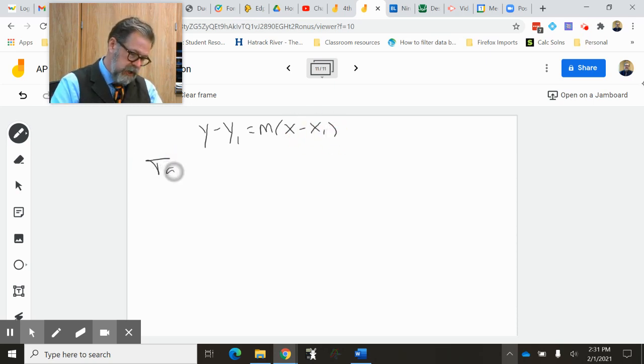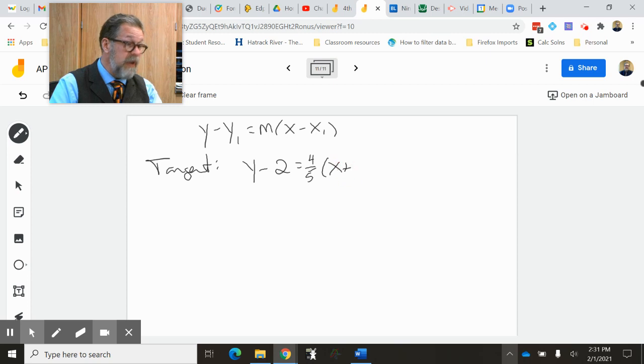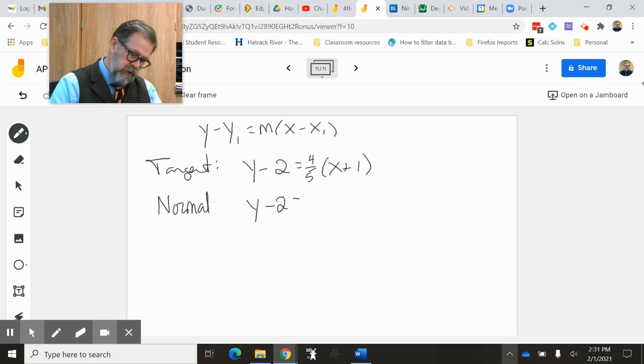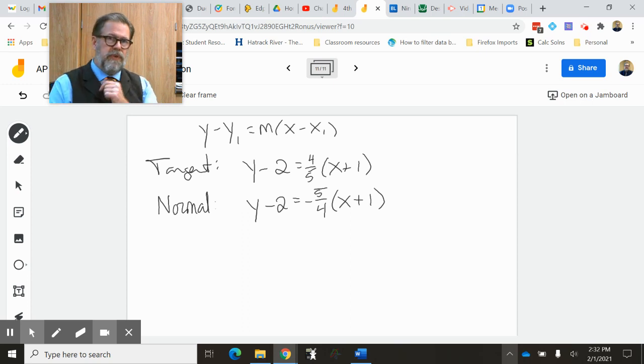So my tangent line is y minus 2 is equal to 4/5 times x minus -1. And my normal line going through the same point is y minus 2 equals the opposite reciprocal, minus 5/4, times x plus 1. Have to be a little bit more careful if you put them into y equals mx plus b form, which is why I like point slope so much.